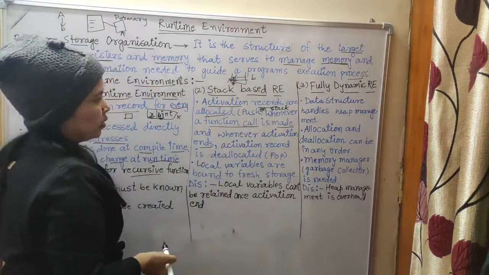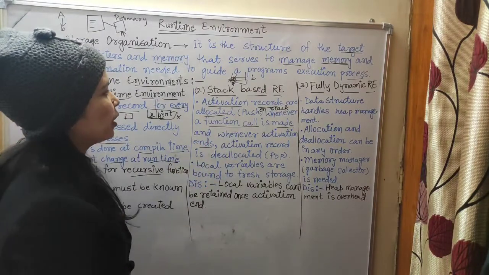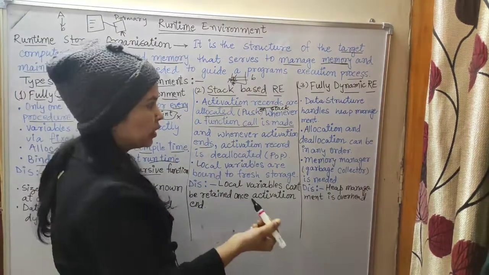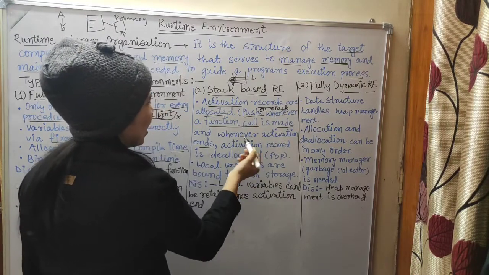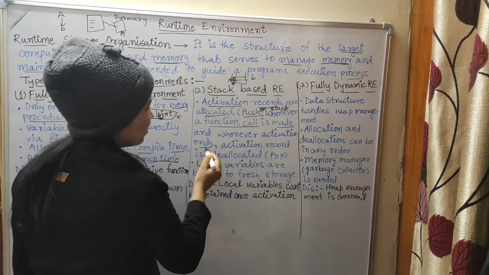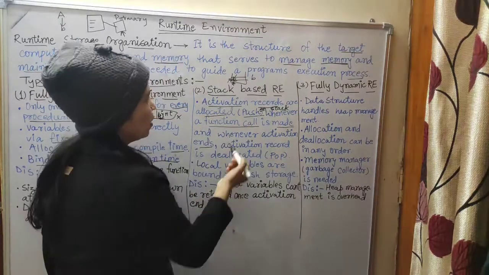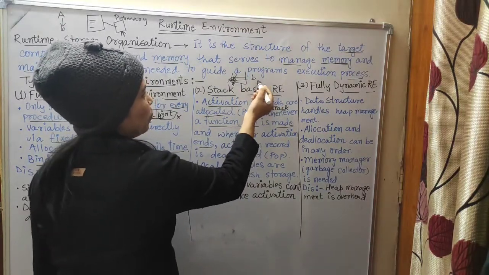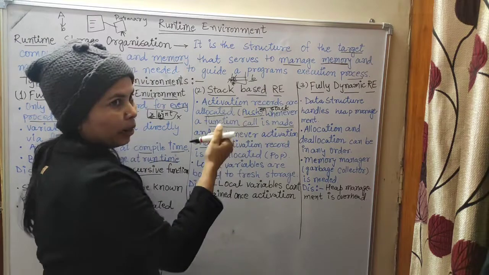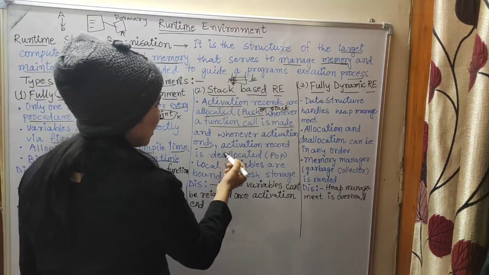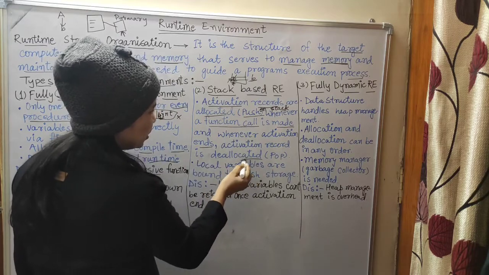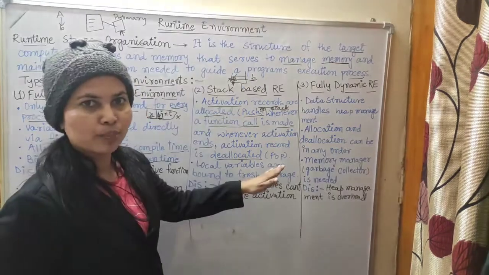So whenever activation records begin, we push the data on the stack, and whenever activation records end, we pop the data. Pop the data means we deallocate it. Whenever activation ends, the activation record is deallocated, that means popped.